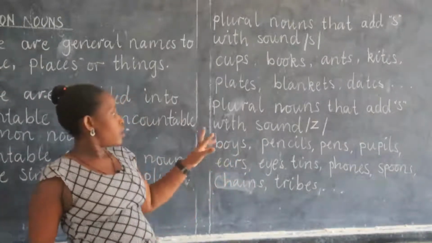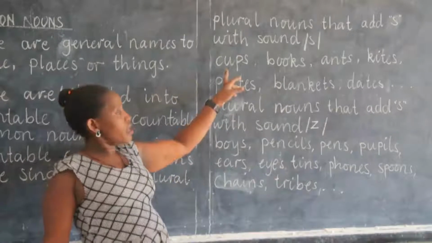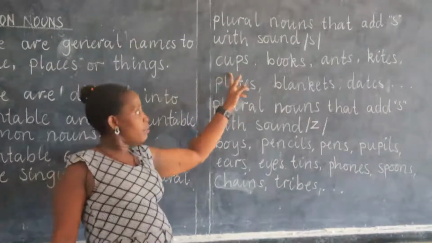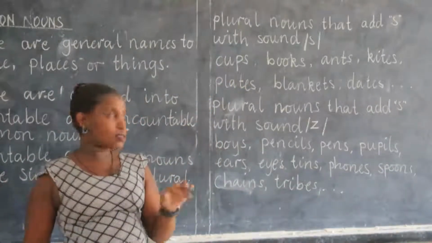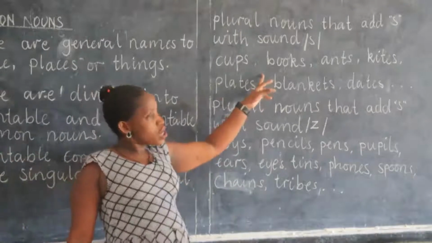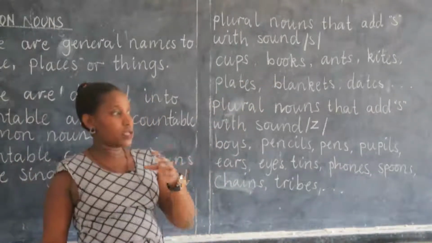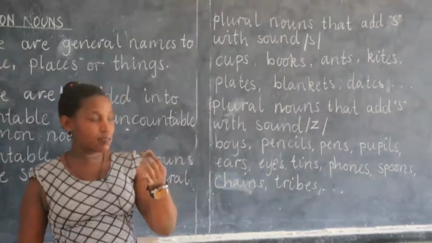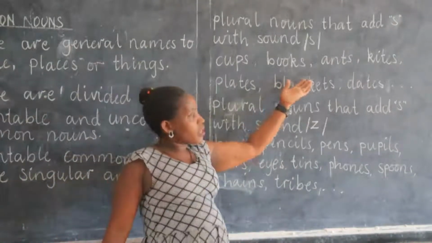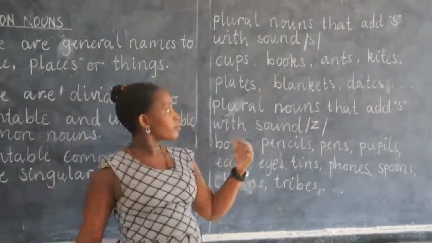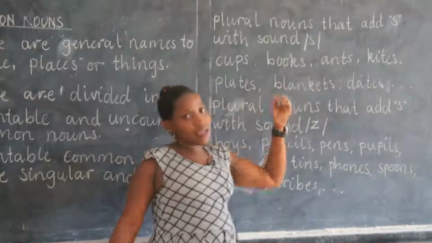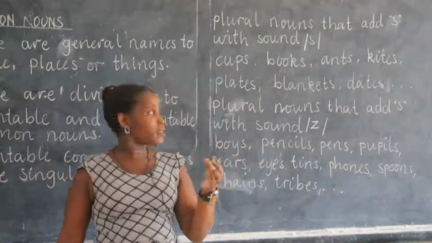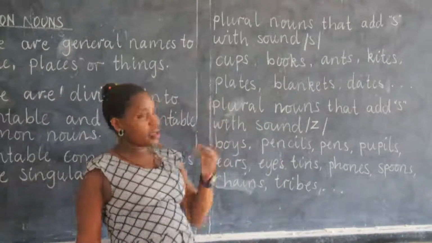So here we are saying caps. Cap, then caps. Book, then books. You hear the last sound is s. Ant, then ants. Kite, then kites. Plate, then plates.